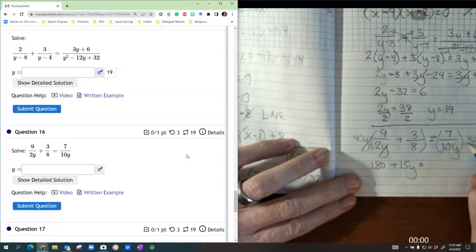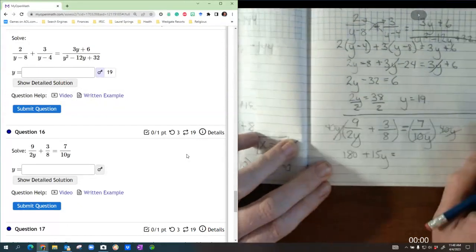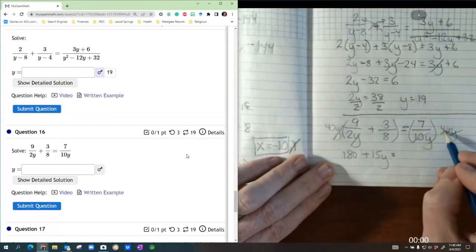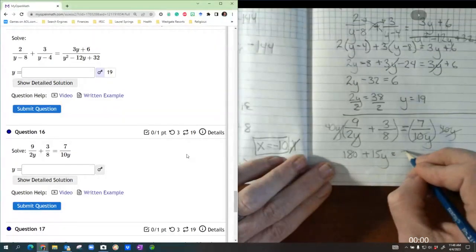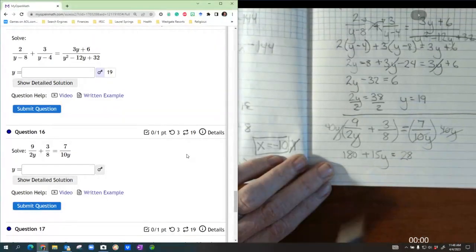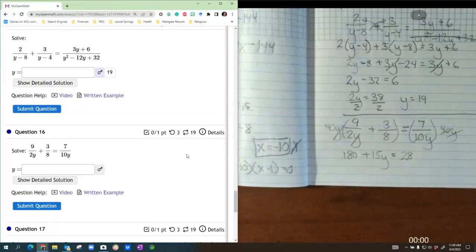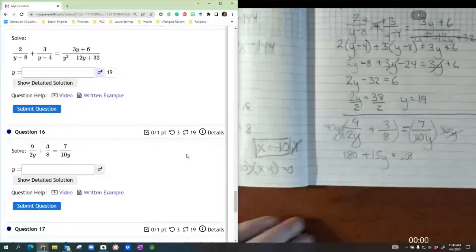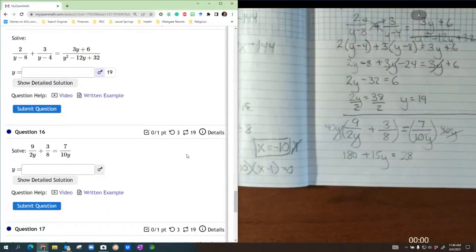And then 10 goes into 40 4 times. The y's cancel. That leaves me with 4 times 7. And then I go ahead and take 28 minus the 180.